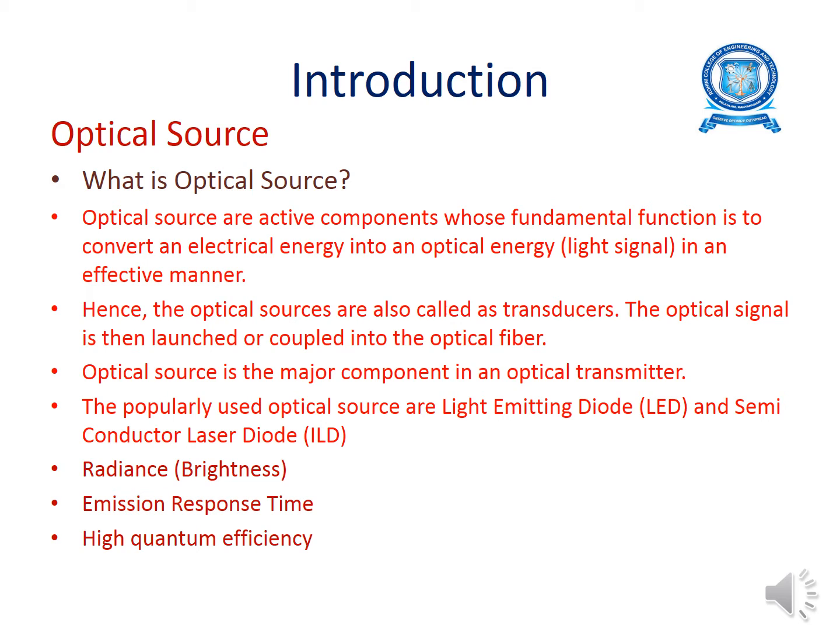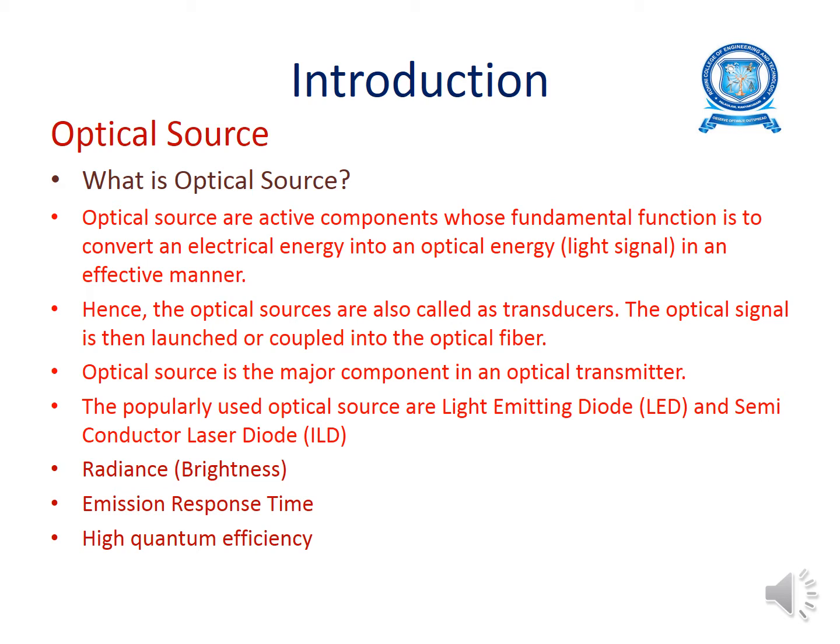In an optical fiber link, the source power should be coupled into the fiber with minimum coupling losses. Similarly, the power transfer from one fiber to another fiber and from fiber to detector should be done with maximum coupling efficiency.